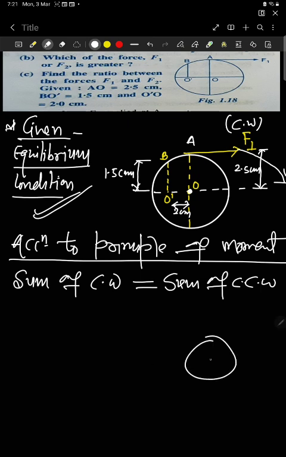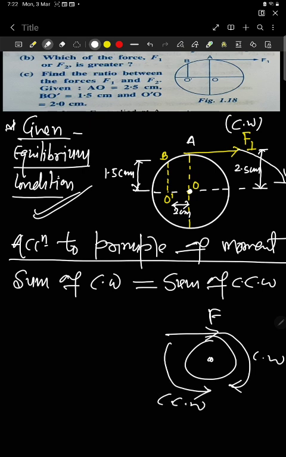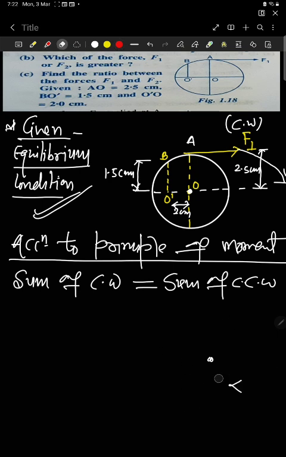Suppose this is the wheel, and one force is acting in this direction, so it tries to rotate the wheel clockwise. To balance this, we have to produce a counterclockwise moment. So we have to apply a force that will produce an anti-clockwise moment, and that force should act at point B. What will be the direction?